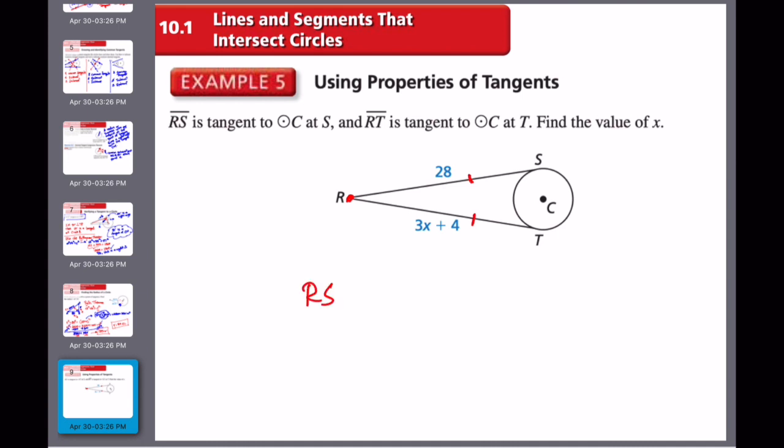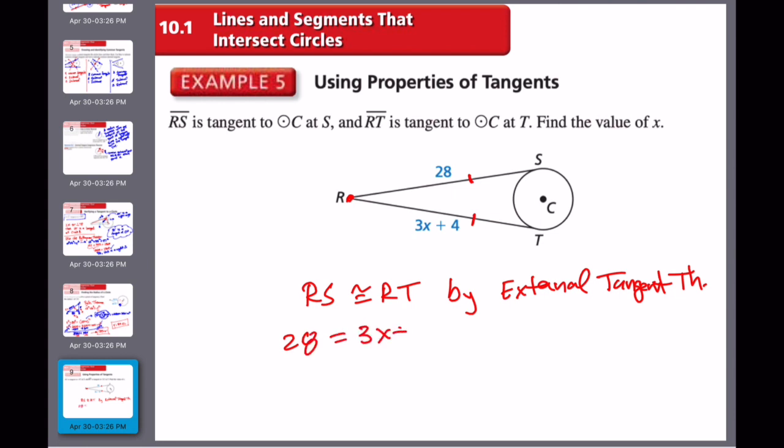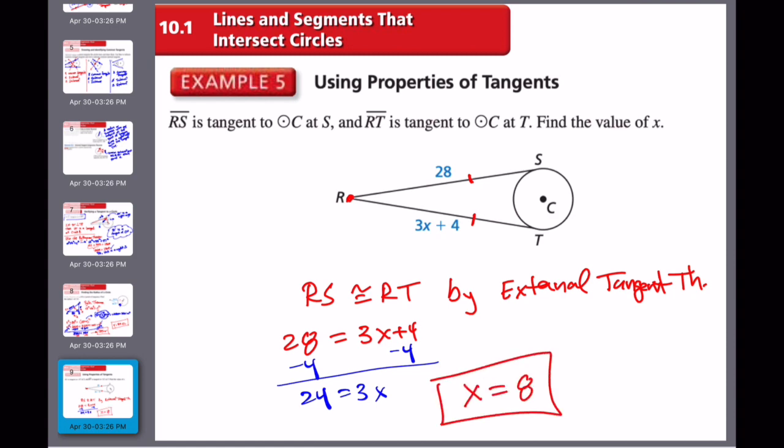So RS is congruent to RT by external tangent theorem. So we can set 28 equal to 3x plus 4. Subtract 4 from both sides, and you have 24 equals 3x. And when you divide each side by 3, you get x is equal to 8.